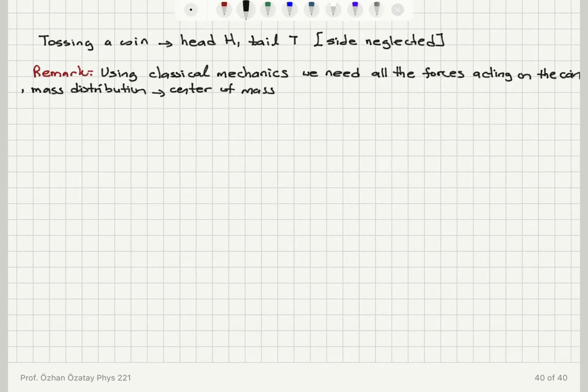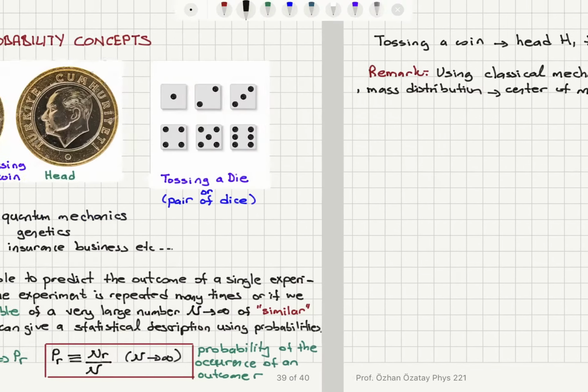etc. Plus we would need an enormous amount of calculations in order to predict where it's going to land. Okay, so instead we can form an ensemble of these coins.